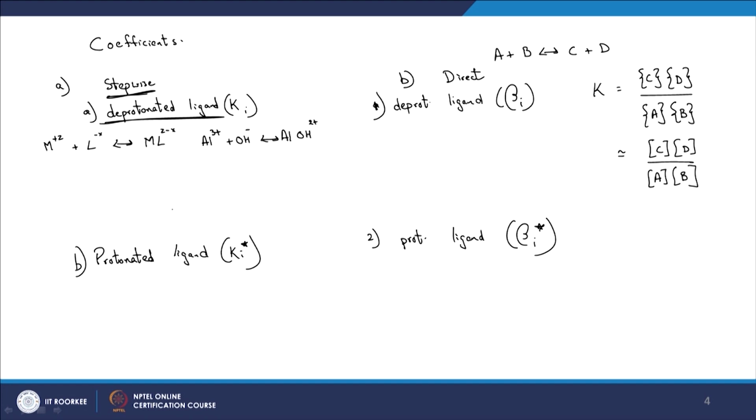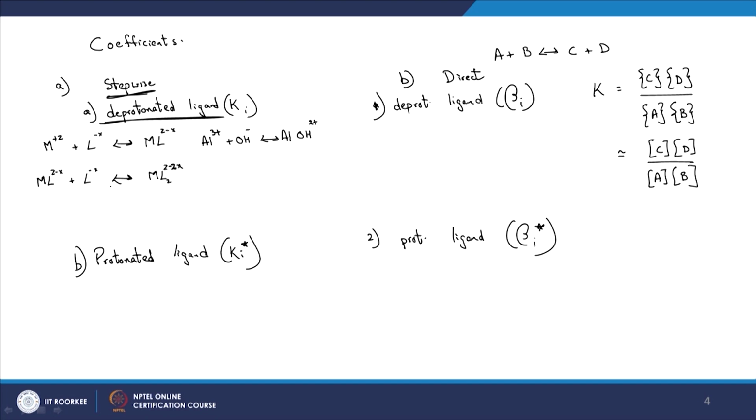This is one complex. Again stepwise, I go from ML plus another ligand L minus X to ML2 with charge Z minus 2X.